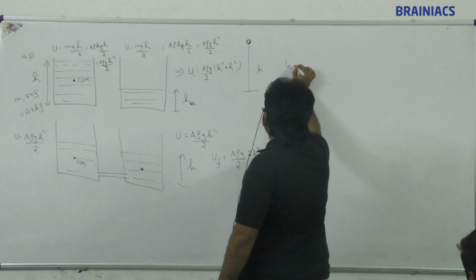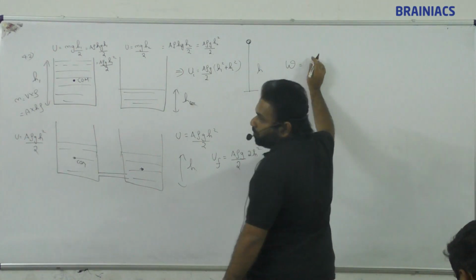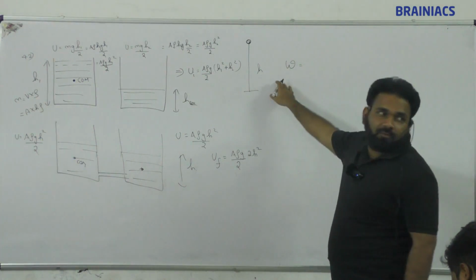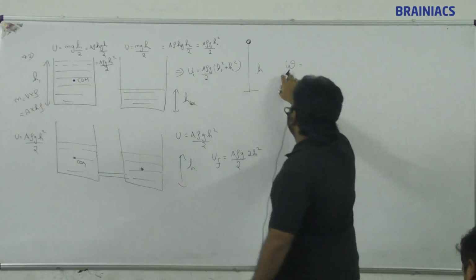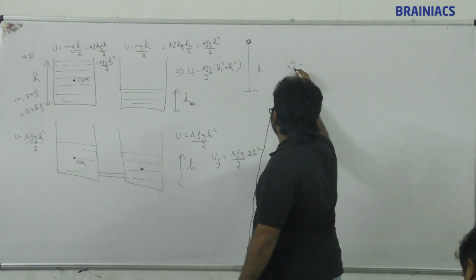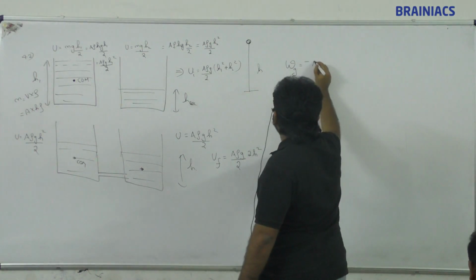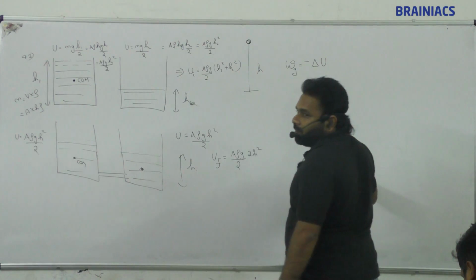Now work is equal to the change in potential energy, which is the negative of the work done by a conservative force. So the work done by the conservative force, which is nothing but gravity, is always what? Change in potential energy.